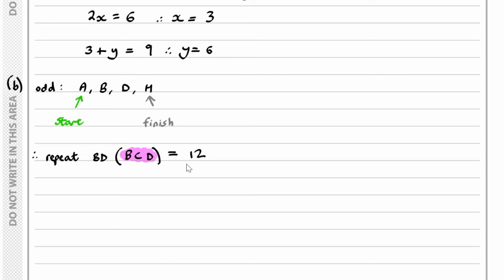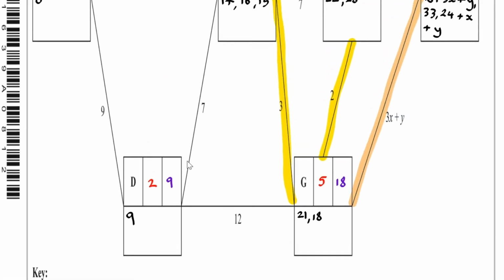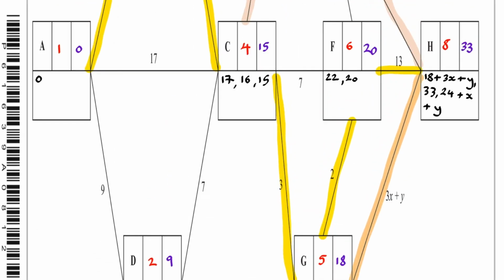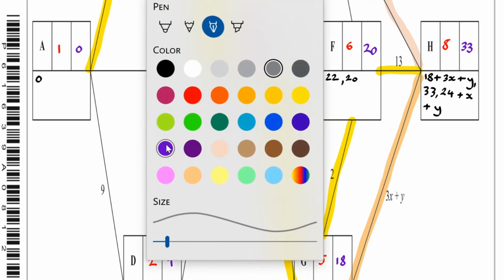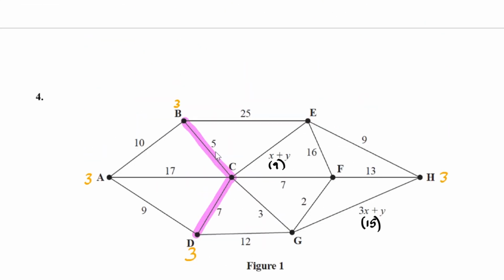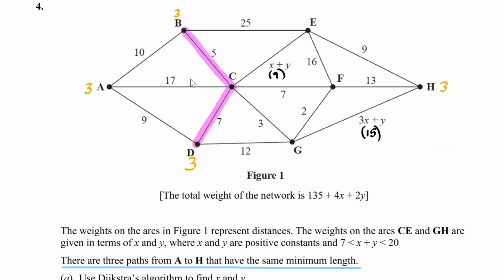Now, in terms of the arcs that are traversed twice, if I grab a different colour, we have to think about this a bit more carefully. The arcs that are traversed twice would have to repeat BD, and the way we repeat the shortest length, we'll have to go via C again, and then from C to D, like so.